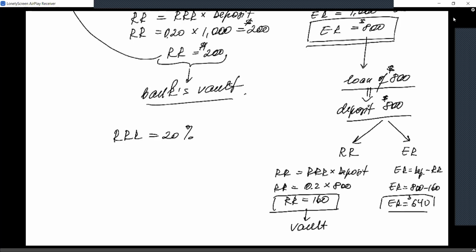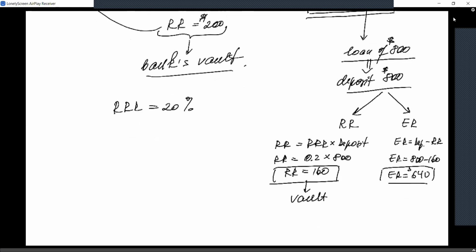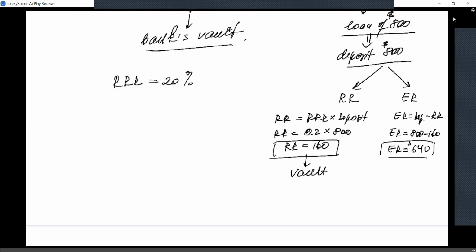But 640, the excess reserve part, stays atop in a cashier's machine just sitting there doing nothing until someone else comes in and asks for a loan, right? An excess reserve part of my deposit becomes a loan to somebody else.